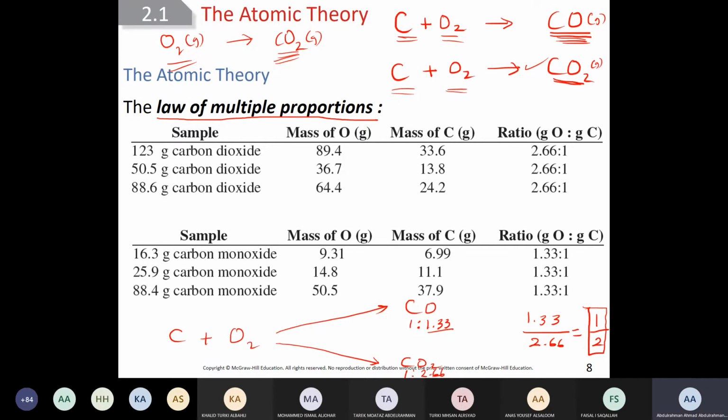It says that if two elements combine to make two different compounds, then the amount that will react with 1 gram of one compared to the amount that will combine with 1 gram of the other must be a simple ratio, 1 to 2.